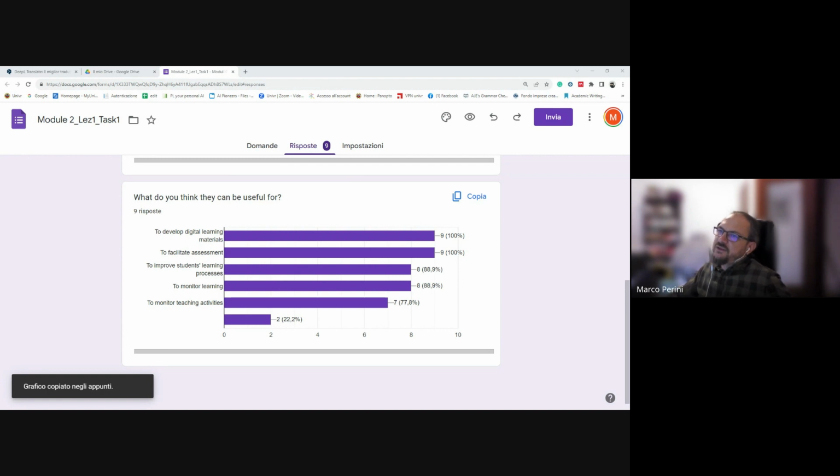But if we look at other technologies, we realize that this value is really low. For example, the computer-assisted instruction is 0.37, so it is in the teacher effect.